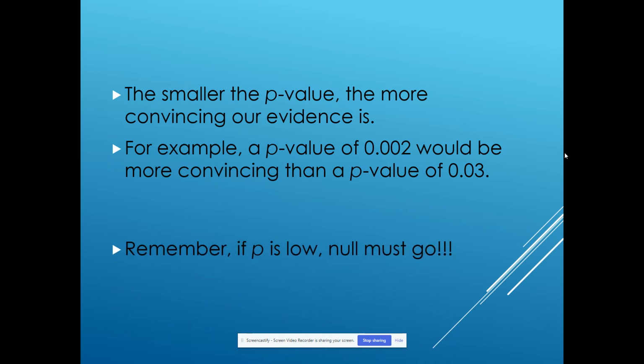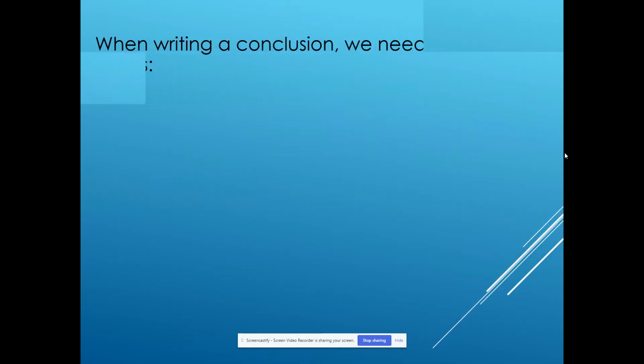If you're struggling to remember it, just remember: if p is low, the null must go.